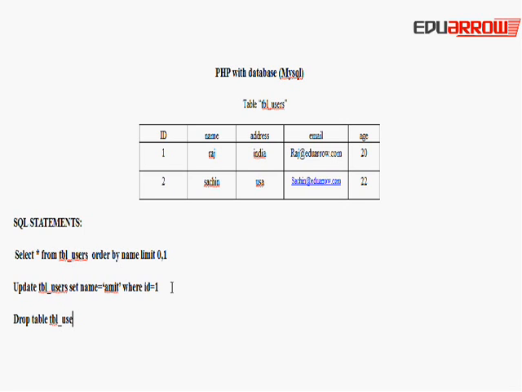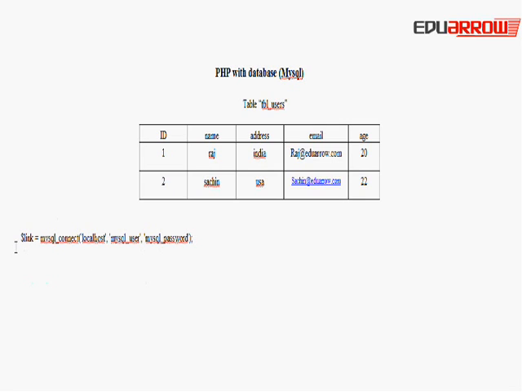Now let's see how we will connect in MySQL. mysql_connect is a function available in PHP to connect with MySQL. In this, we will pass the following parameters: server name, user name, password. This will connect with the database and return a connection resource.